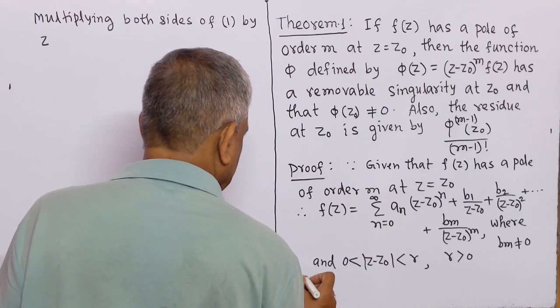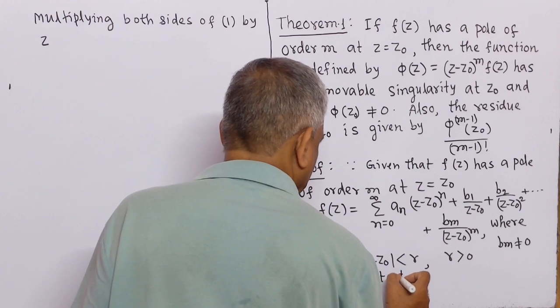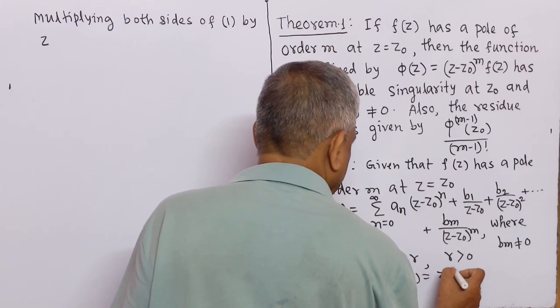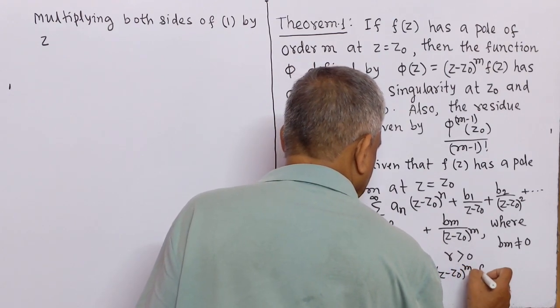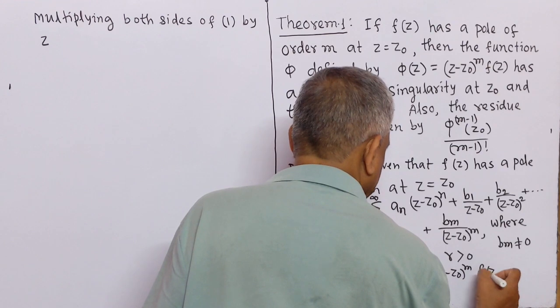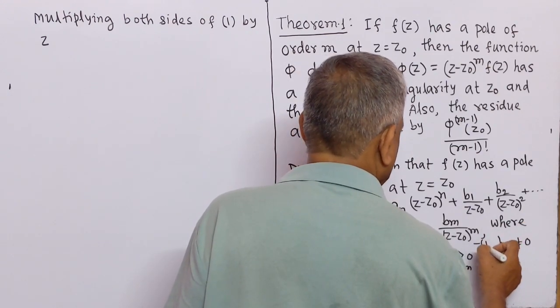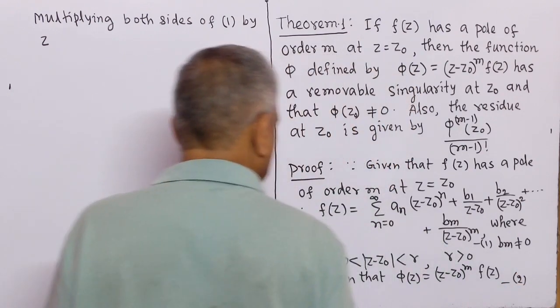Also given that function phi of z equal to (z minus z naught) to the power m multiplied by function f(z). Let this be number 1 and this be number 2.